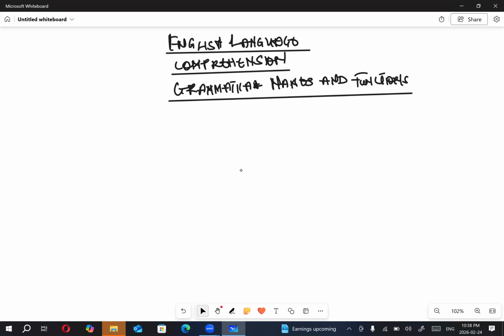You are familiar with having a passage and being asked questions about it, right? One of the questions you will meet is a sentence extracted from the passage, and you'll be asked to identify the grammatical name used in the extract, and then write its grammatical function.